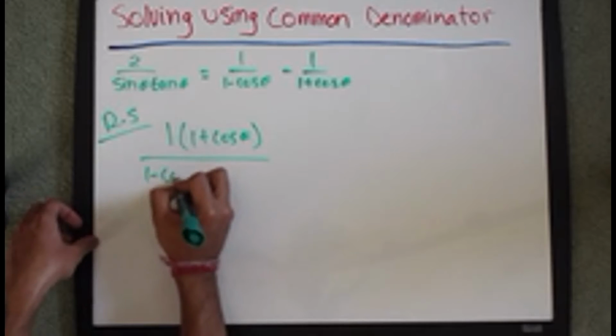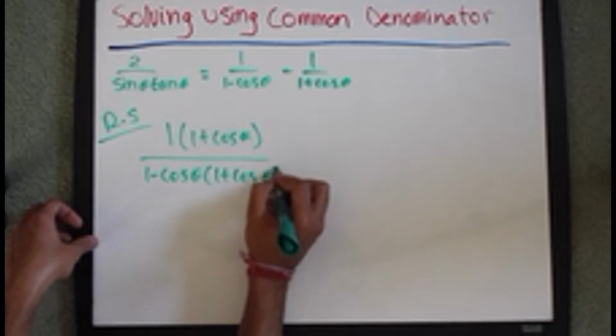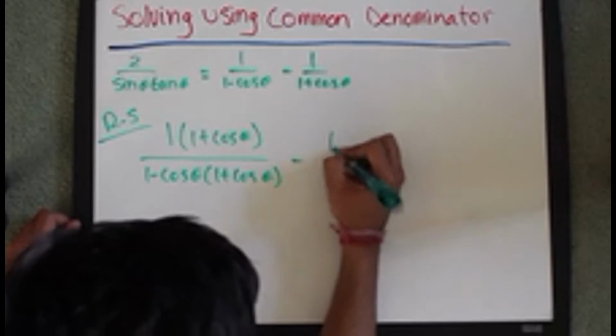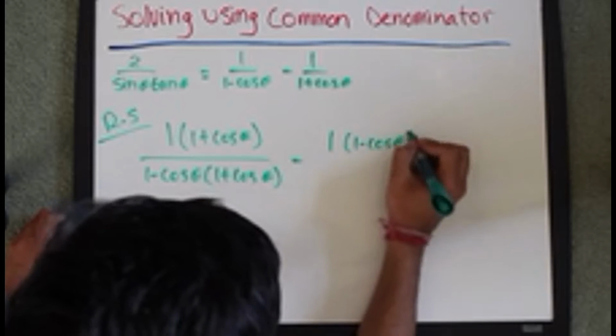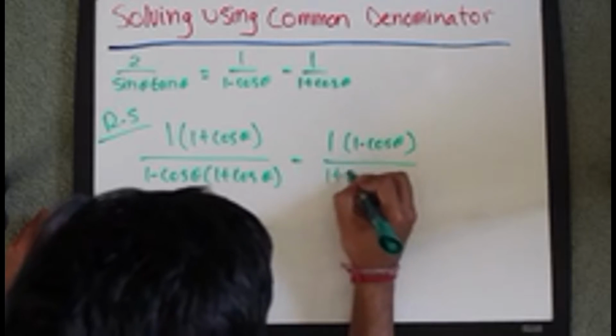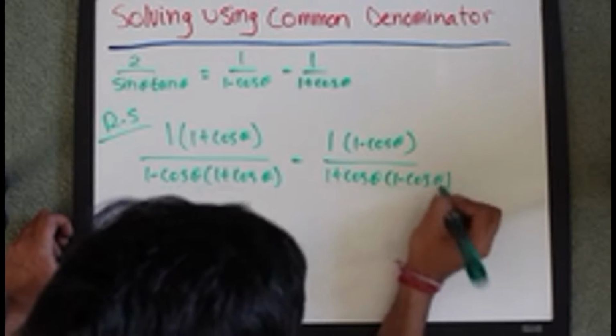So you have 1 minus cos theta, we'll multiply by 1 plus cos theta. And on this side we're going to be multiplying by 1 minus cos theta.